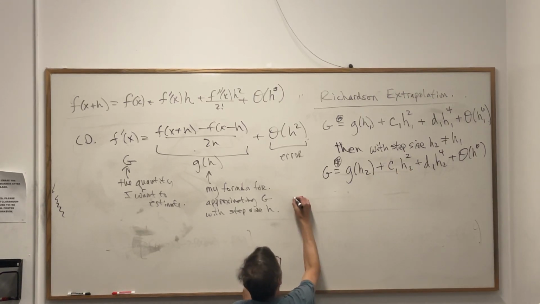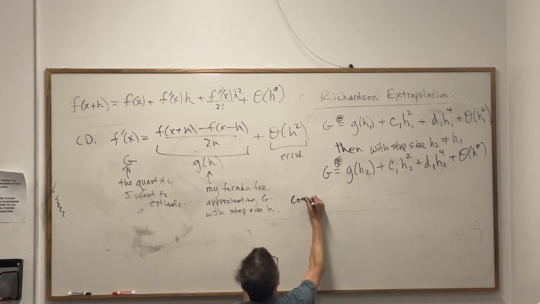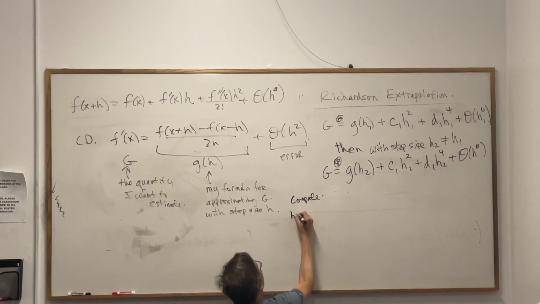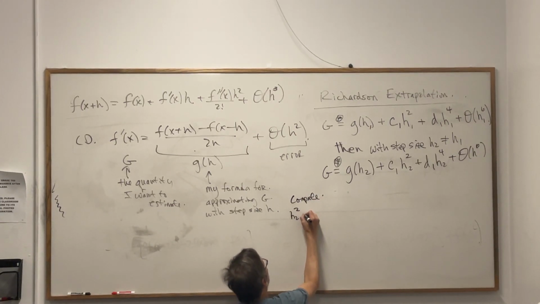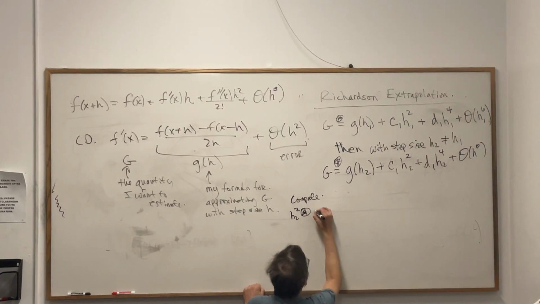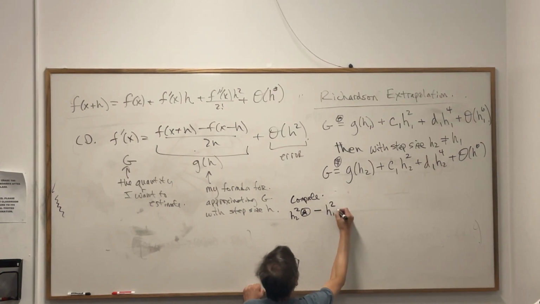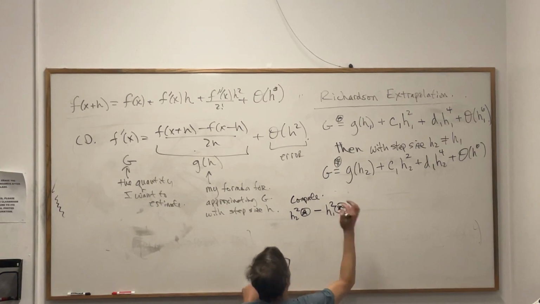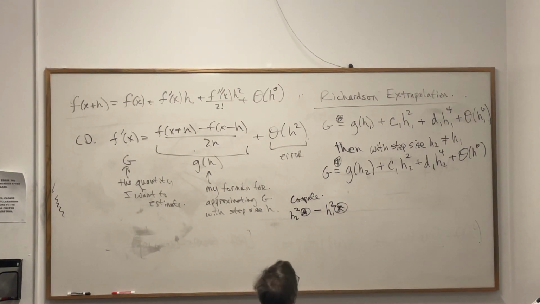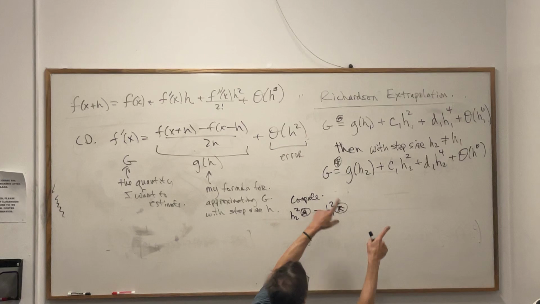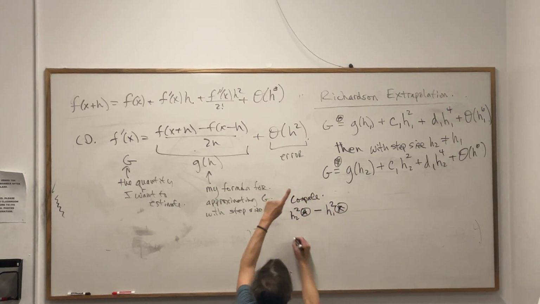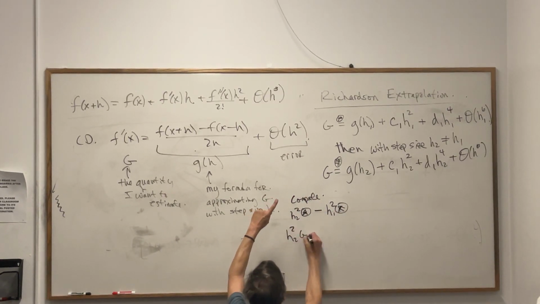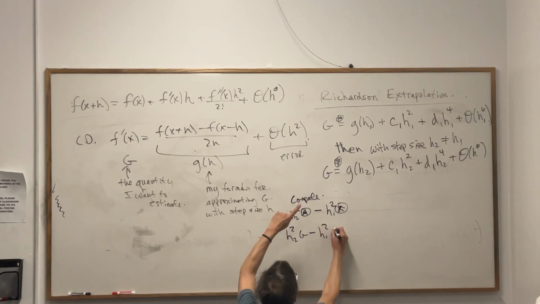So we're going to now compute h2 squared times star minus h1 squared times pound sign, and see what that becomes. I'm going to do it to the left side and the right side. So on the left side, I'm going to have h2 squared G minus h1 squared G.